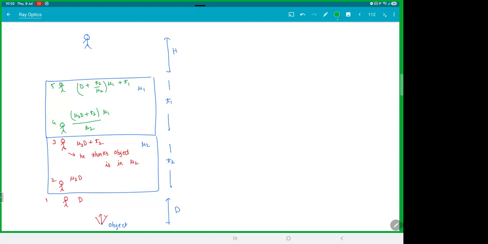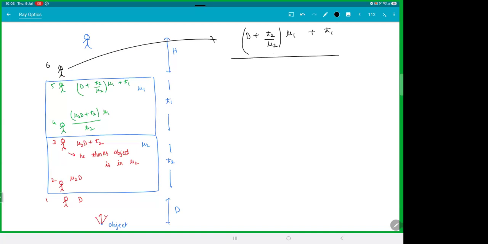Now if you ask this person 6, he will say, whatever 5 is seeing, D plus t2 by mu2 into mu1 plus t1, divided by mu of the object. He will think the object is in mu1 and mu of the observer is 1. If you divide by mu1, mu1 will cancel. You get D plus t2 by mu2 plus t1 by mu1.